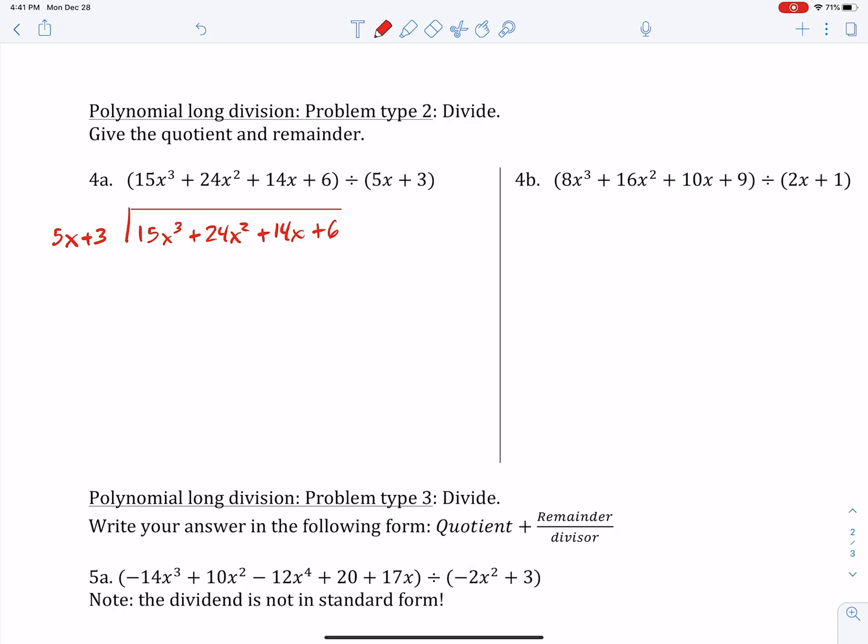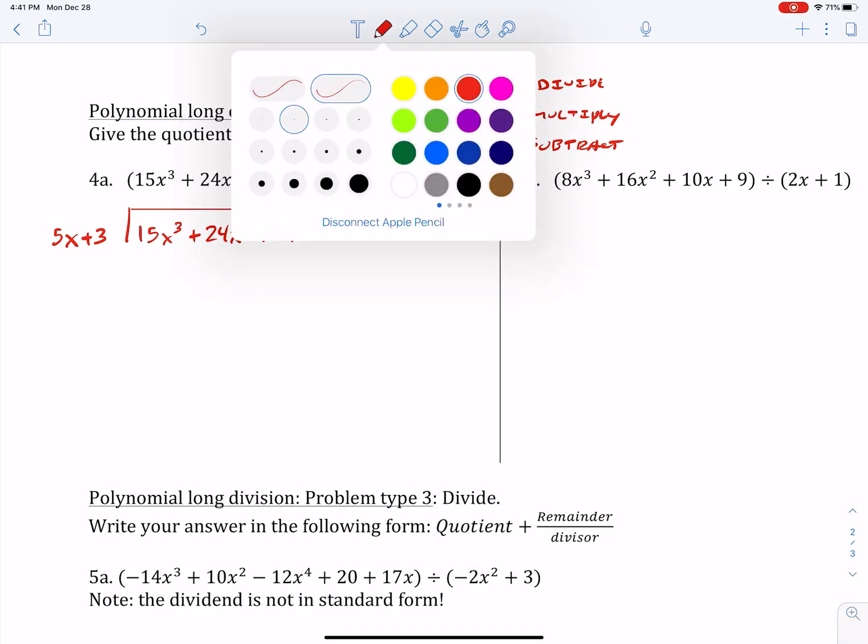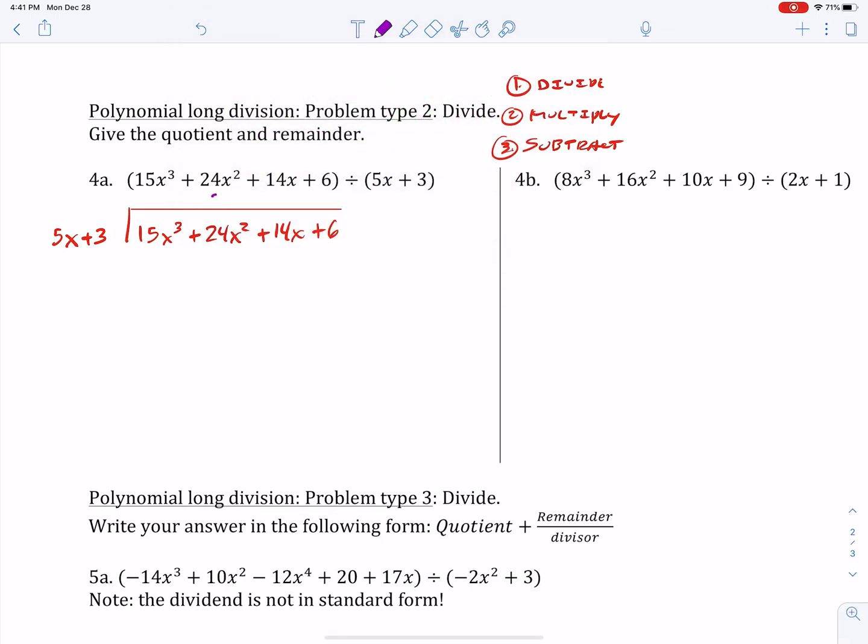Okay. Our steps again are to divide, multiply, and then subtract. Okay. I'm going to take that 15x to the third, and I'm going to divide it by that 5x. What that gives me is, and I'll do it in purple, 3x squared.